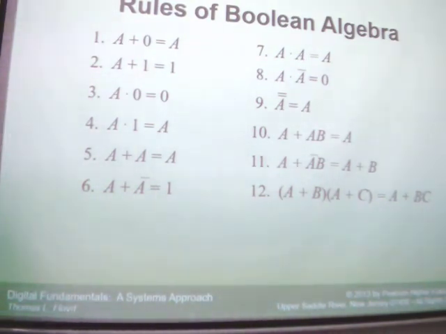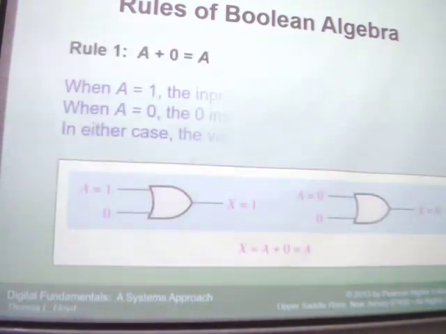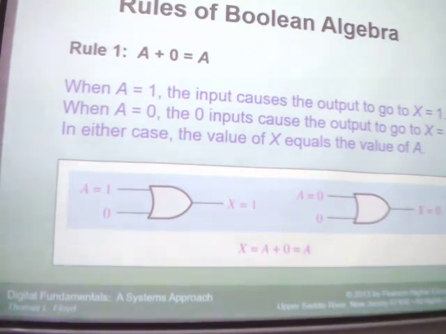So A or 0 equals A. Rule 1, A or 0 equals A. This covers all cases. If A equals 1, 1 or 0 equals 1. If A equals 0, 0 or 0 equals 0. So X equals A or 0 equals A.